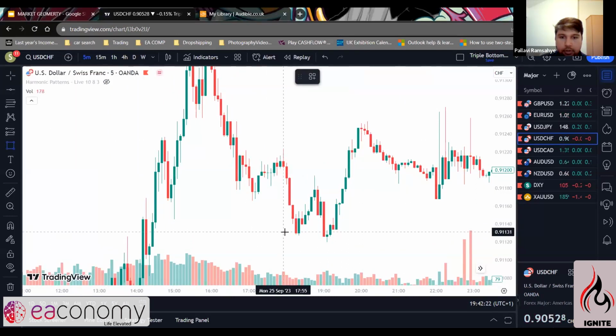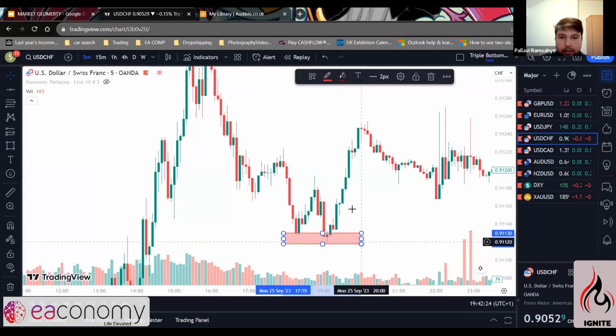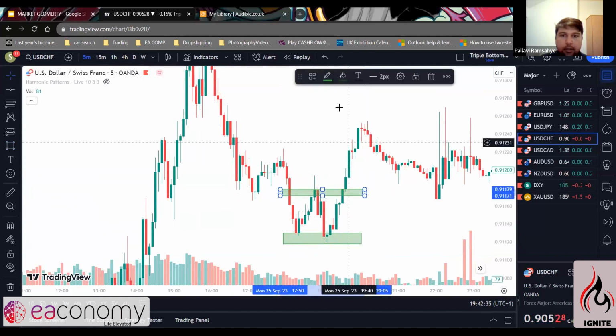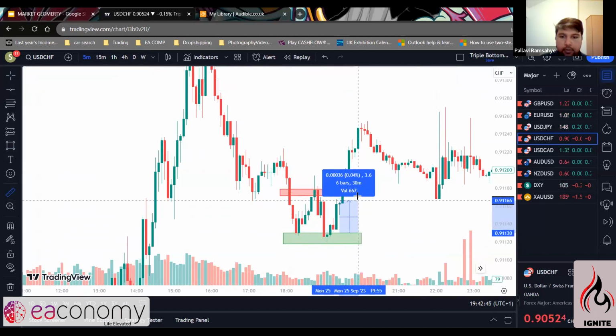So support zone here. Let's make that green. And then resistance here. Make that red. Right, so let's get our ruler out.